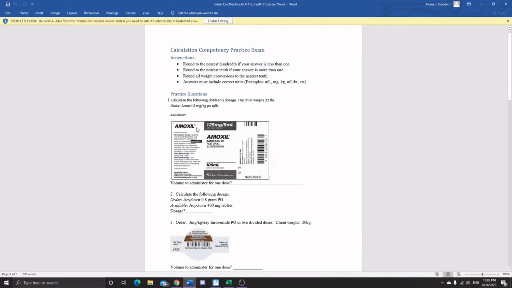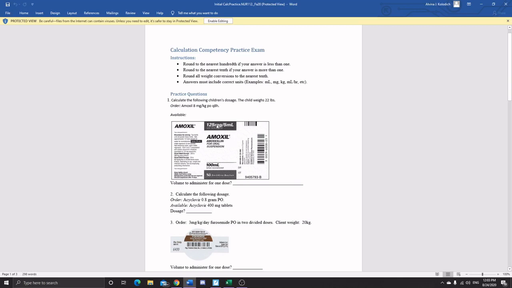Okay, so we have 125 milligrams per 5 ml for this medication. In your math exam, you might get an image like this, and you just have to know how to read it. Right here it says 125 milligrams per 5 milliliters. That's very important. You see it's 100 ml when reconstituted in the whole vial, so you don't really look at this number. The most important number is the 125 milligrams per 5 milliliters.